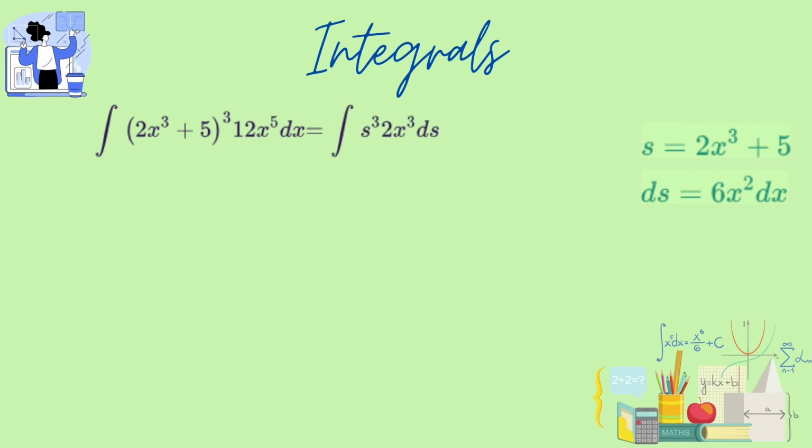Making the necessary substitution, we replace 2x cubed plus 5 with s and 6x squared dx by ds. Thus, we have the remaining 2x cubed in our expression. But since s is equal to 2x cubed plus 5, we can express 2x cubed as s minus 5.